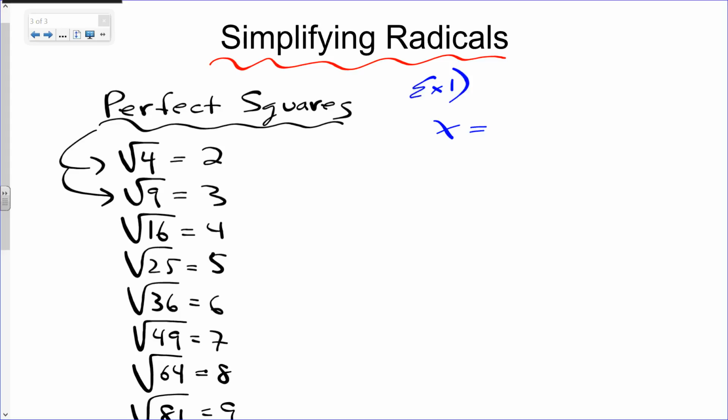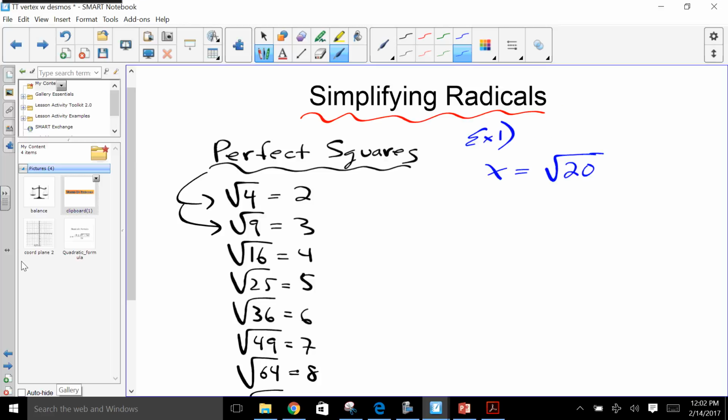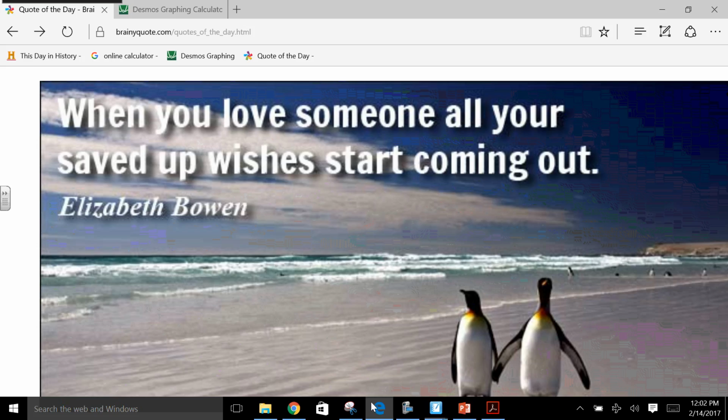Let's say we get x equals the square root of 20 as our final solution. All right, x equals square root of 20. Now, if I get my calculator out, which let me do right now, square root of 20, is that a perfect square or not? No.